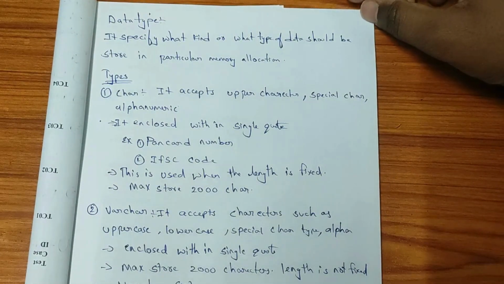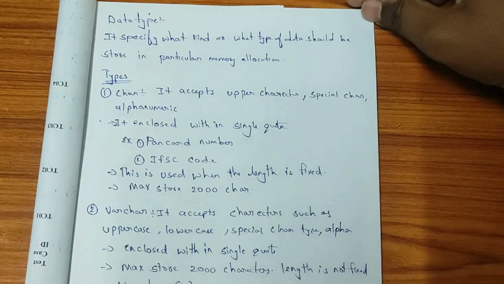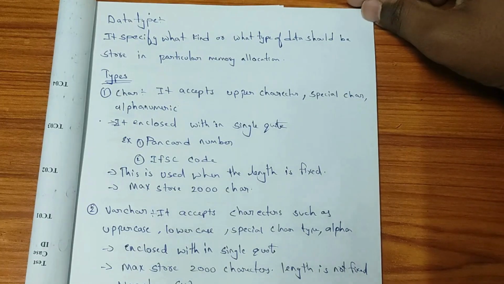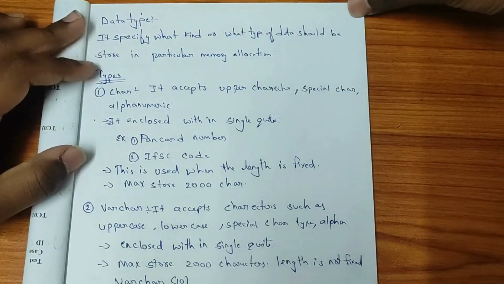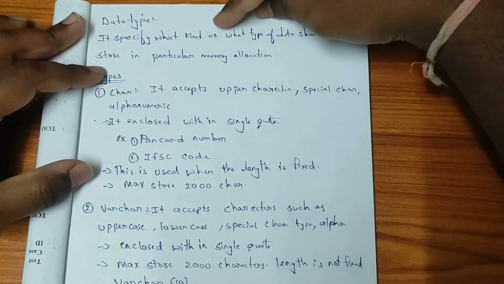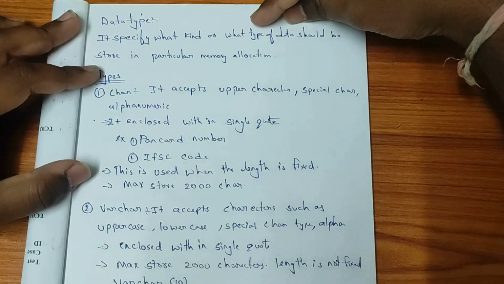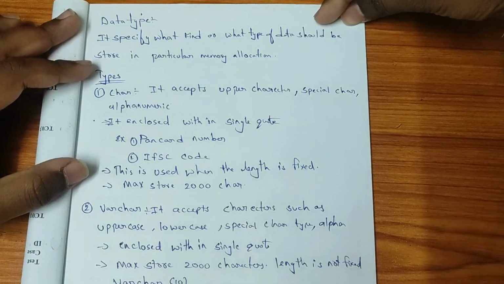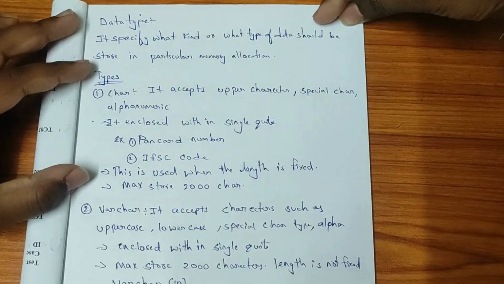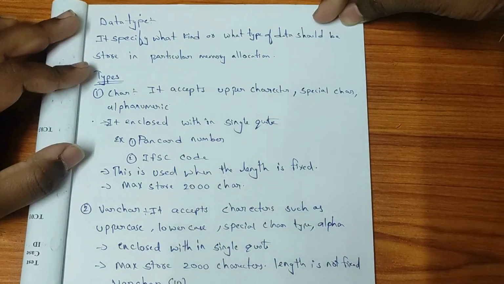So just now we have learned what is meant by constraint and what the types of constraints are. Now we are learning what is meant by data types and what the types of data types are. Data type specifies what kind of data you are storing in a particular table. If you are storing integer data like numbers, you have to specify integer.